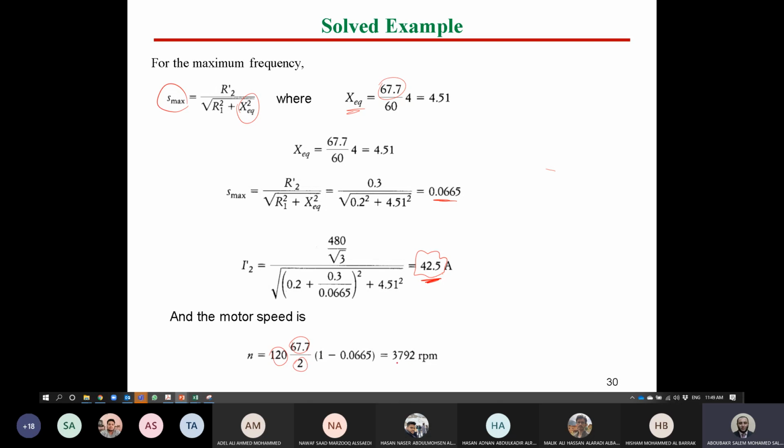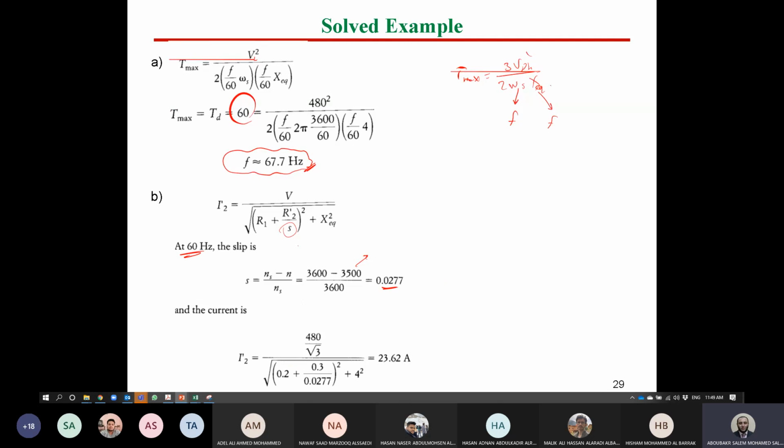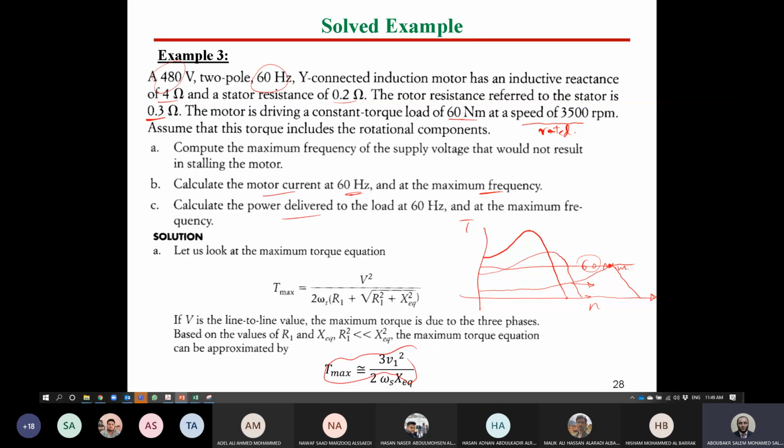So the speed now is 3792. It's greater than the speed at the rated frequency. طبعا this is expected because as we could see here in the characteristic, this is the new characteristic and the speed should be increased at this portion.